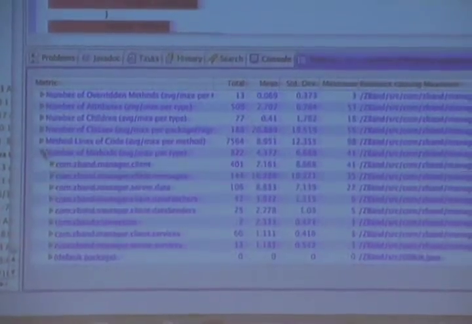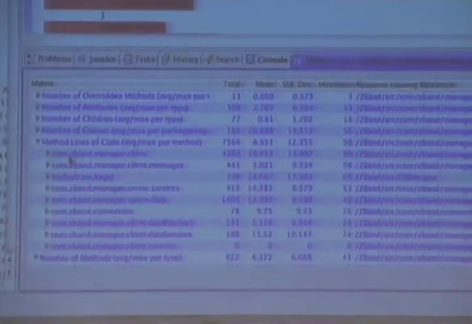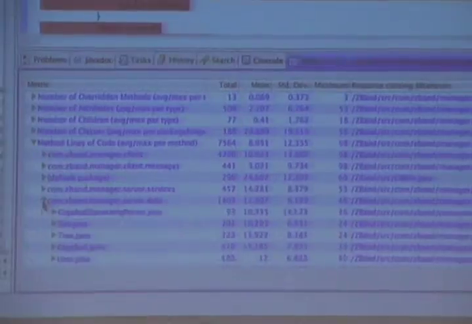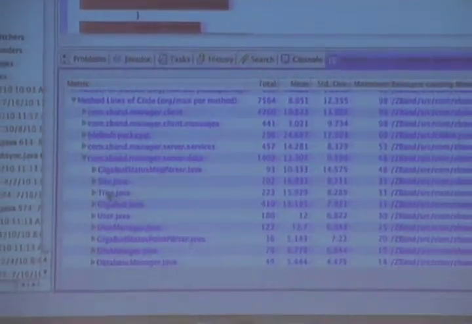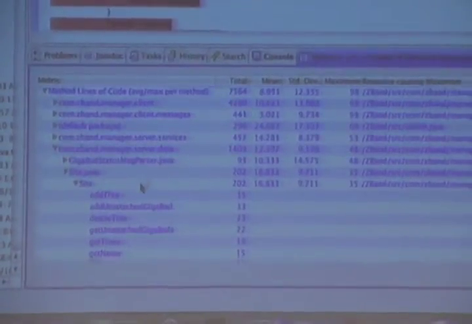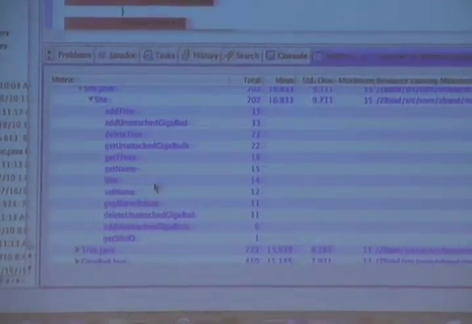You can also look at the number of lines of code in a method. That'll tell you how long methods are. And a method that's more than about 30 lines of code is too long.